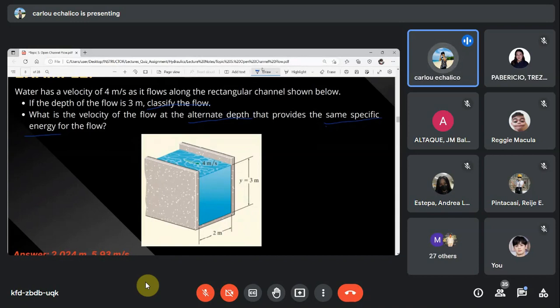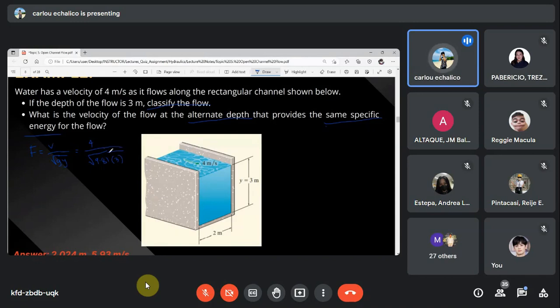So for question number 1, to classify the flow, we will use Froude's number, right? Froude's number, which is velocity over square root of gy. The velocity is given as 4, gravity is 9.81 and the depth is 3.